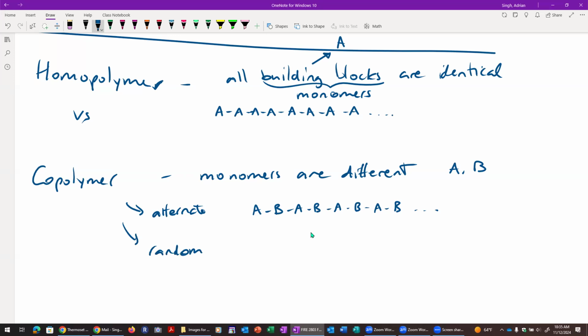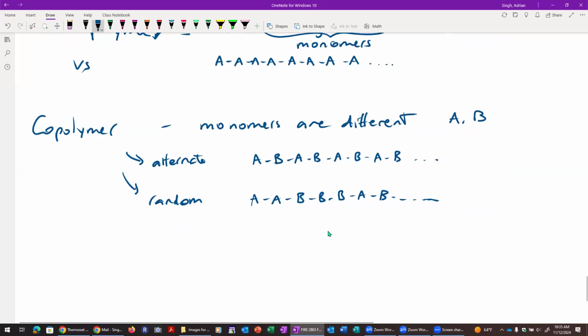And that again, as the name suggests, it could be whatever. It could be A, B, B, B, A, B, etc. So there really is no system by which the monomers are linked to each other. So it's random, as the name suggests.